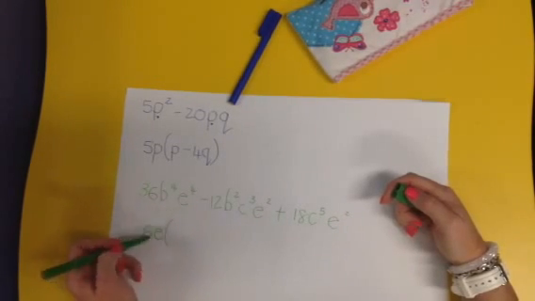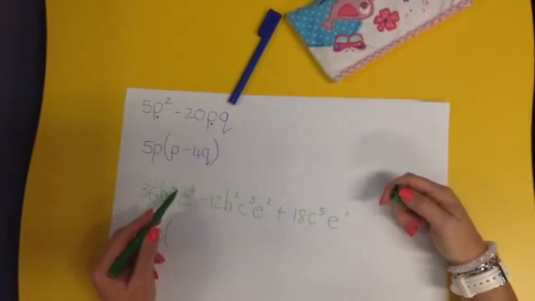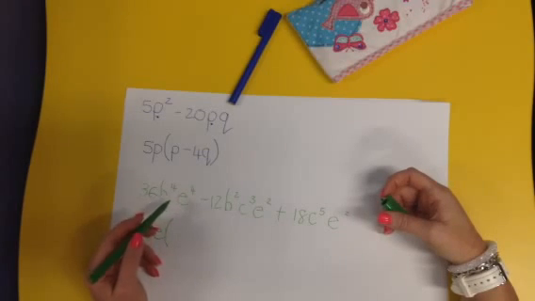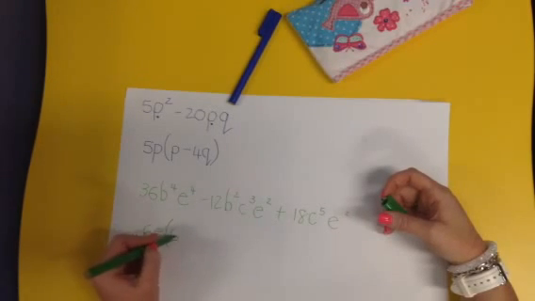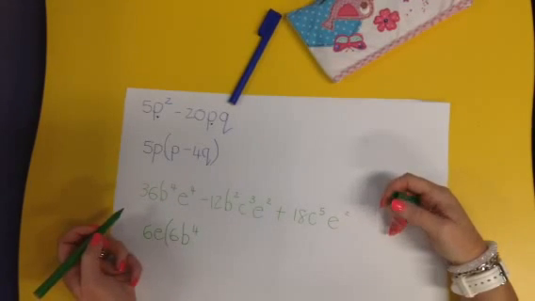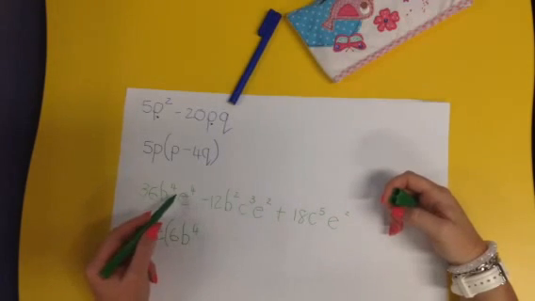So then we're going to say, how many times does 6e go into 36b to the power of 4, e to the power of 4? So it goes in 6 times, b to the power of 4, okay? And it goes in e to the power of 0. So you actually keep that.